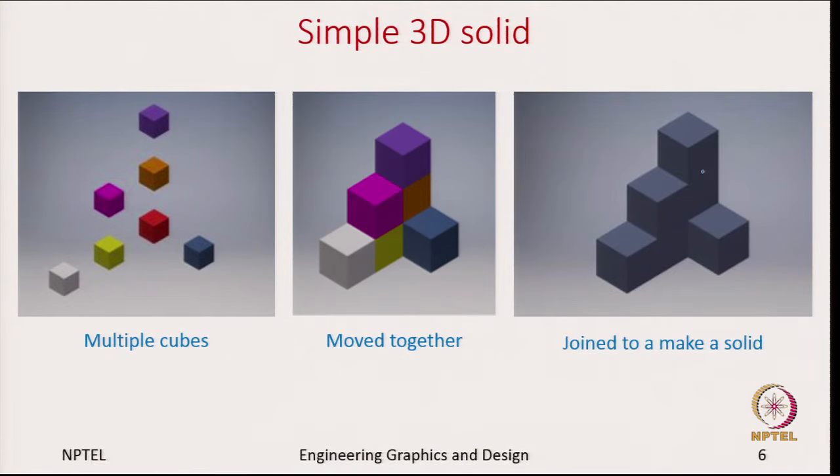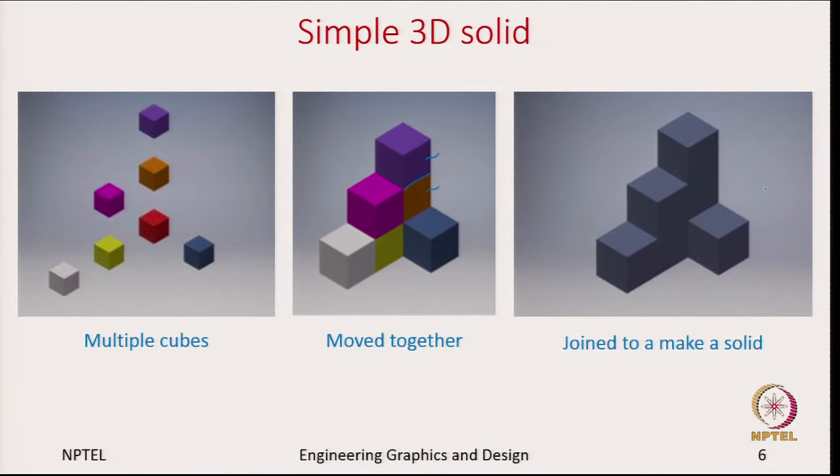Once it is a single solid, we change from multicolors to a single color. The reason is, for example, previously you are able to see a line here, line joining this cube 1 and the other cubes, but here you do not need to show that line, because both these are falling on the same surface. These are not two different surfaces. So, you do not need to show that line.